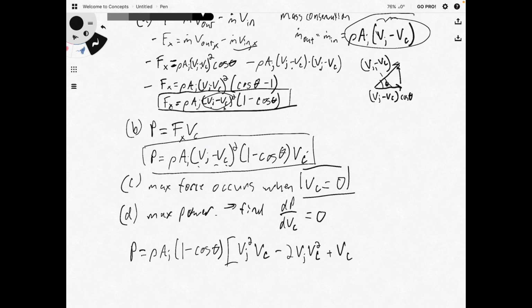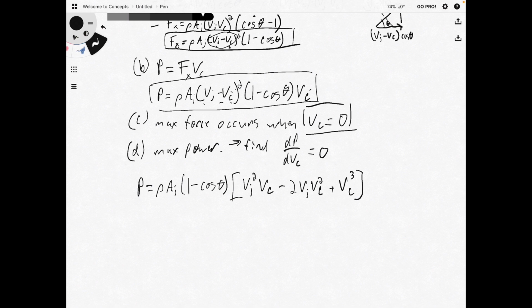We're going to get a square term from here, and then we have another term of Vc here. So it's going to be plus Vc cubed. And now in order to find the derivative of this term with respect to Vc, we basically just have to evaluate this polynomial, right?